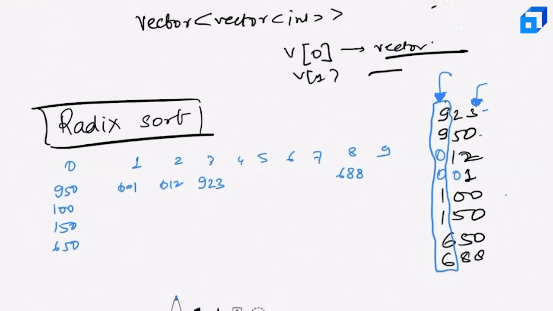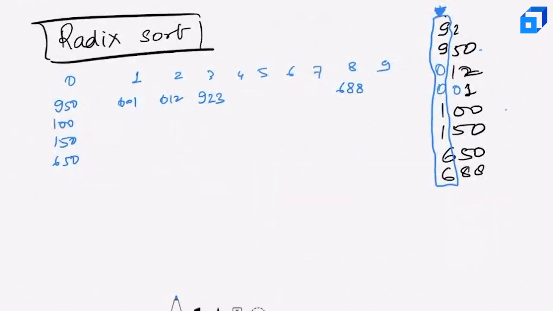Then I append these. Once I have done this step, all of the numbers will be sorted by their last digit. So I get 950, 100, 150, 650, 001, 012, 923, and 688.